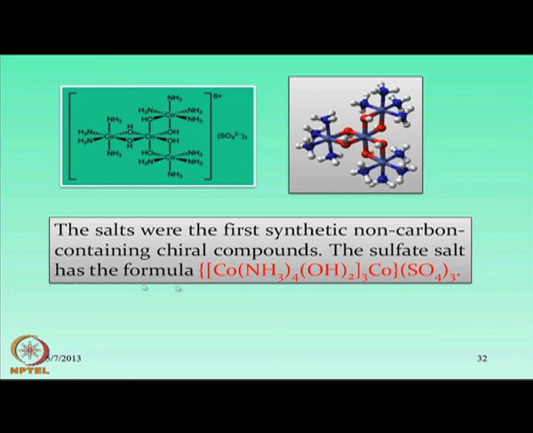The sulphate salt has this particular formula because it has 6 positive charges, so 3 sulphate units should be present, which can crystallize it as a unique tetranuclear compound, which is optically active and purely inorganic in nature, because it has no organic ligand present in it. Thank you very much.